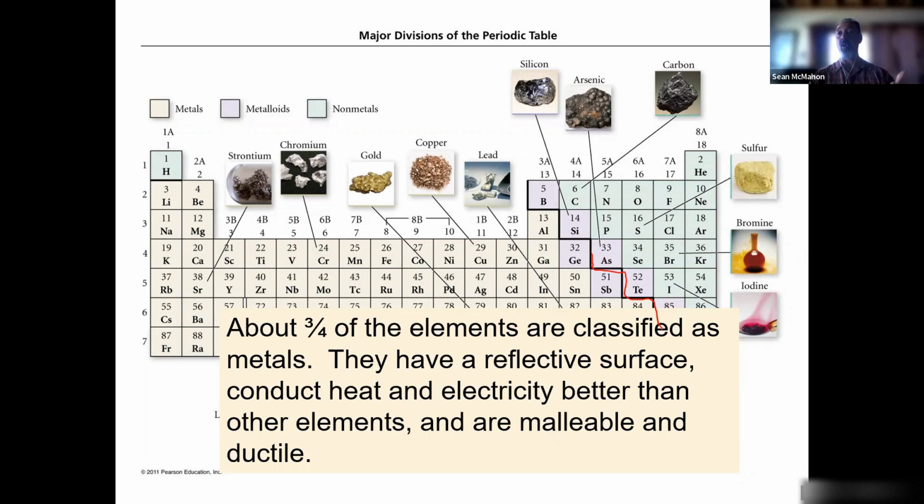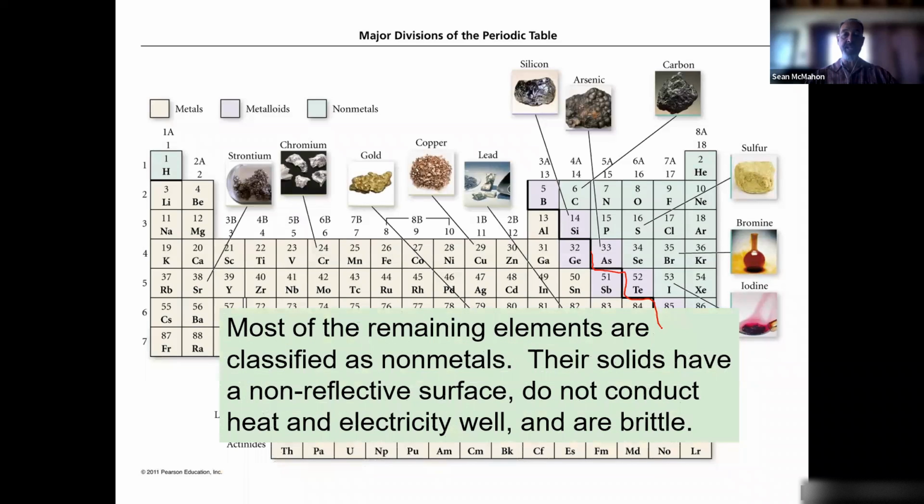Copper, gold, silver, right? They conduct heat and electricity, and we know that with copper wiring, right? Pans are made of metal, right? And they're malleable and ductile. Malleable means I could bend them. So I could heat up iron and hammer it into a sword or a weapon. Ductile means I could draw it out into long threads and strings like copper wiring.